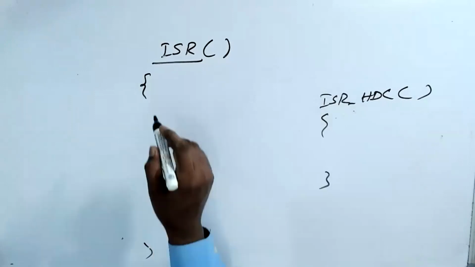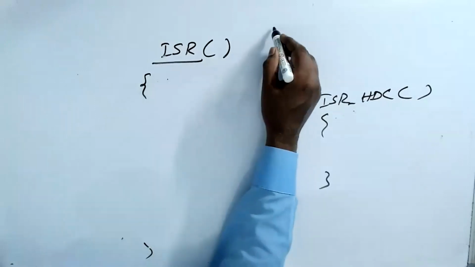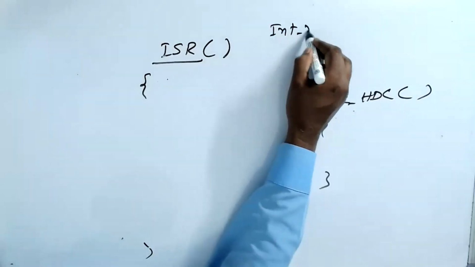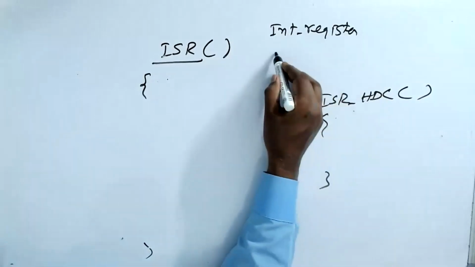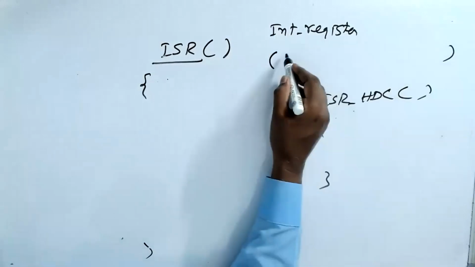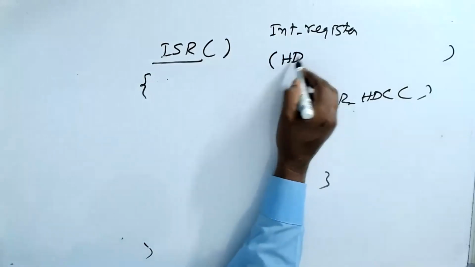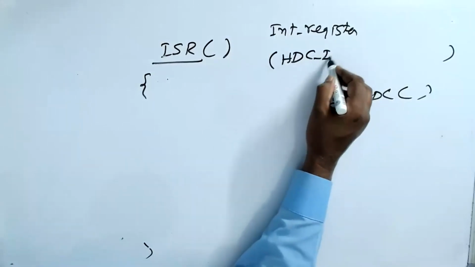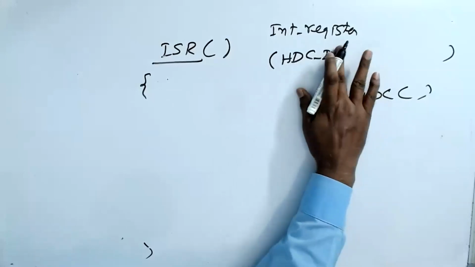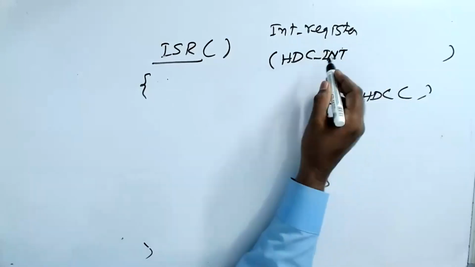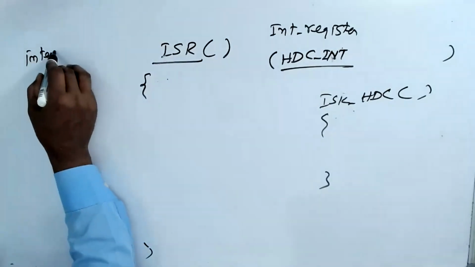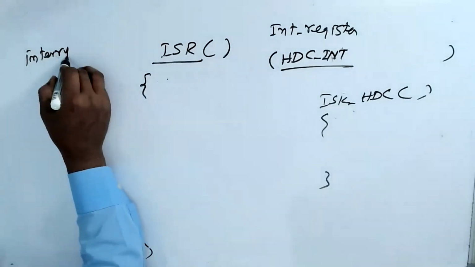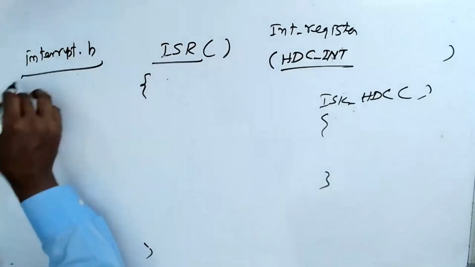And you call an interrupt register function. That name may vary. You give a parameter called HDC int. This will be there in an H file, let's say a file called interrupt.h.